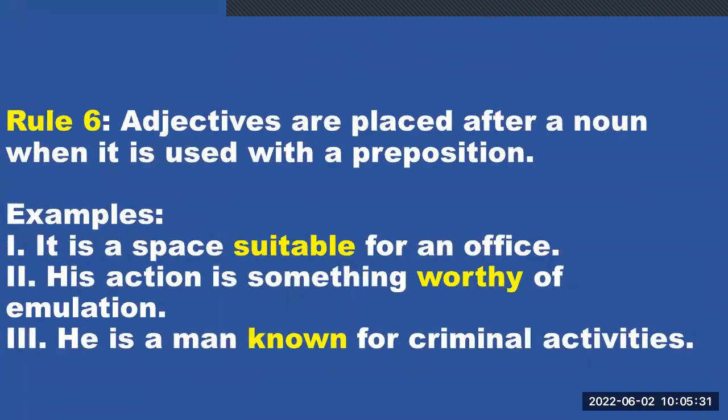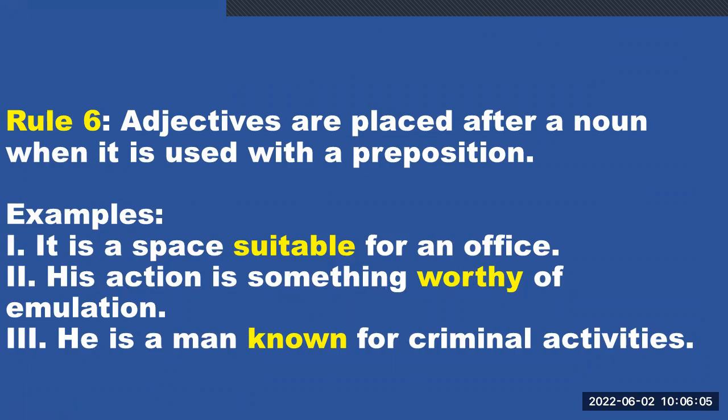So in other words, you can see here that we are combining the adjective with the preposition for, so we place it after space. Space is actually the noun it modifies or describes, but we are placing suitable after it because we are combining it with for. Another example, his action is something worthy of emulation. So we wouldn't say it's a worthy something of emulation.